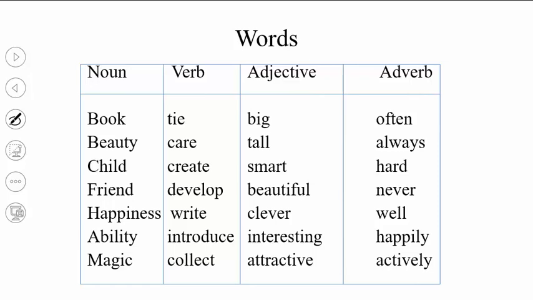Adjective: big, tall, smart, beautiful. Adverb: often, always, happily, actively. So these are the word classes.